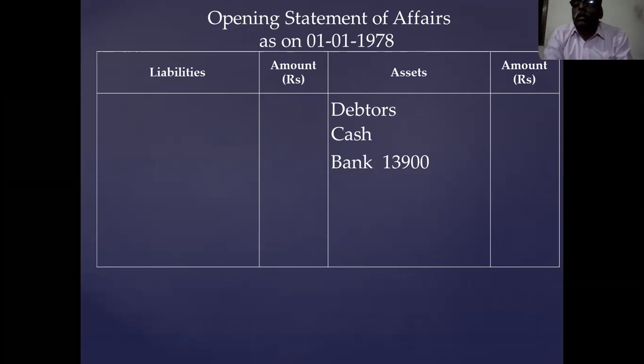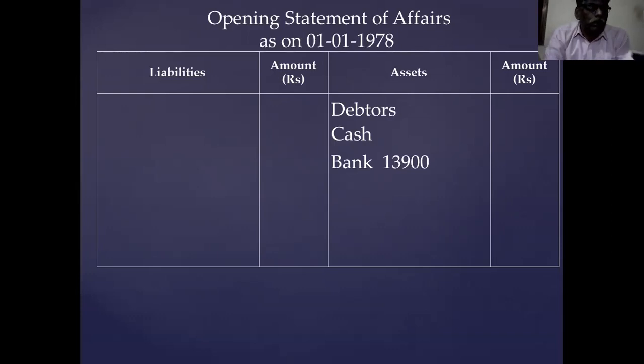What is the portion related with cash and what is the portion related with bank is not given. Therefore, we have to split after getting full information. So I will write the amount in the inner column. Three asset balances are missing. We have to find these balances.